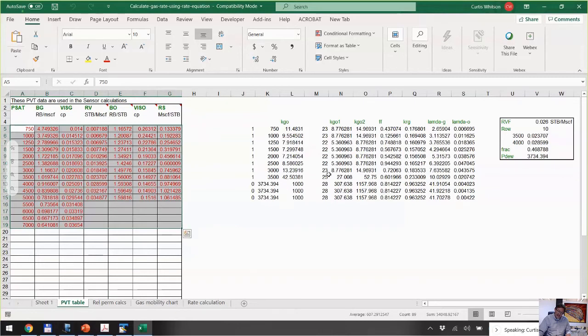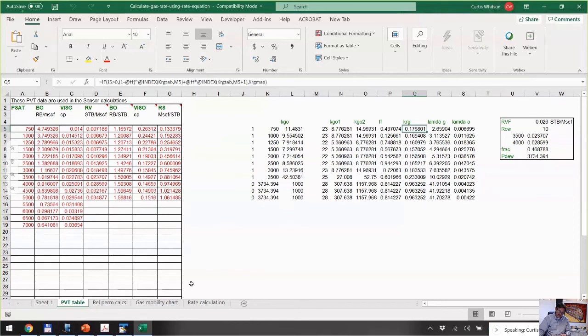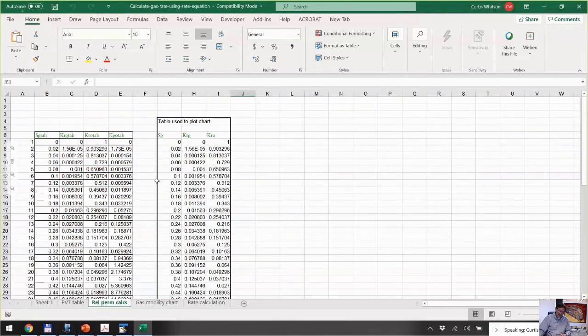Here, PVT table. He's using some kind of interpolation, I think, to get these numbers. Yeah, so exactly what we did yesterday to get the KG/KO ratio, and then to get the KRG by interpolation from this.